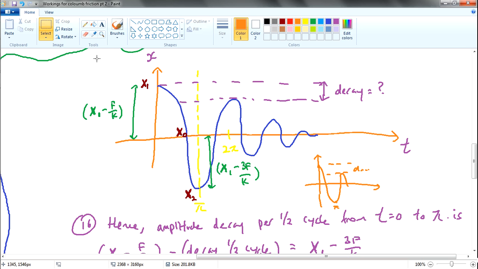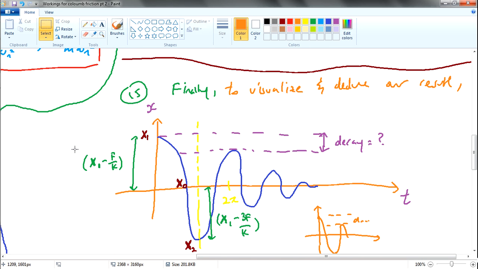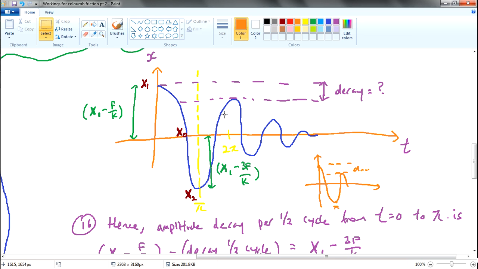Let me give you an analogy. This equation is like the speed of the motion of the graph. The speed from here to here is in this manner, and the speed from here back to here is slightly slower, I would say.